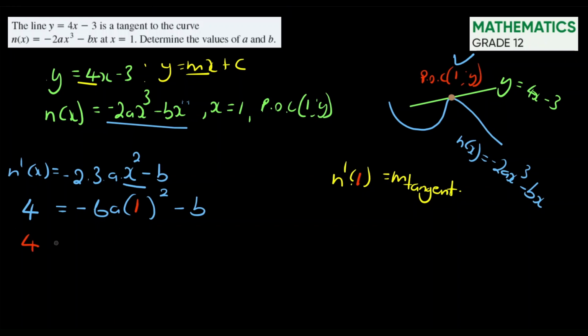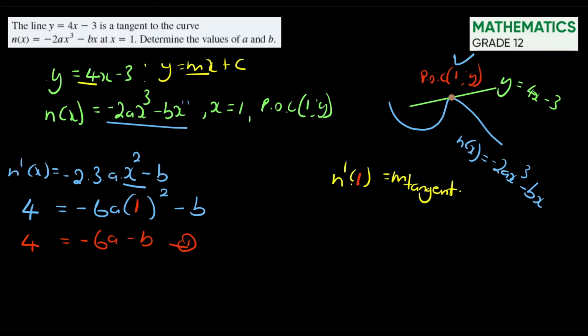So we have 4 equals negative 6a minus b. You can see we have some form of equation happening there. So we can label this equation 1.